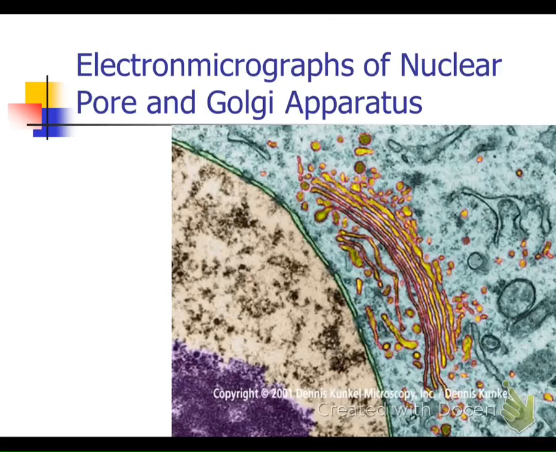In this color-enhanced electron micrograph, this green would be what? That's the nuclear membrane. And if you look really closely at it, remember the nuclear membrane has gaps in it? Okay, so that's the nuclear membrane. That makes this the nucleus. And that makes this purple the what? Nucleolus, right?